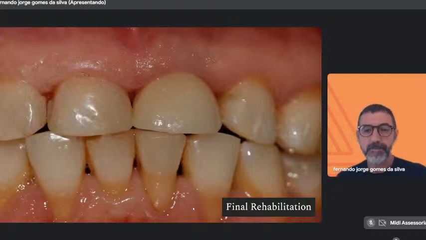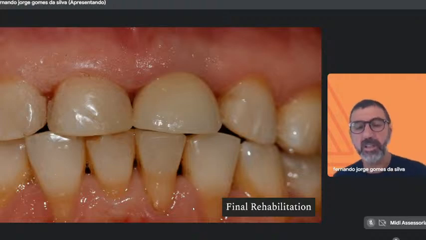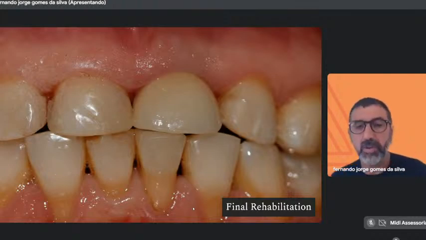In the final rehabilitation of this case, there are papillae between the final restorations, and the contour of the gingiva over our final rehabilitation is, I hope, perfect.